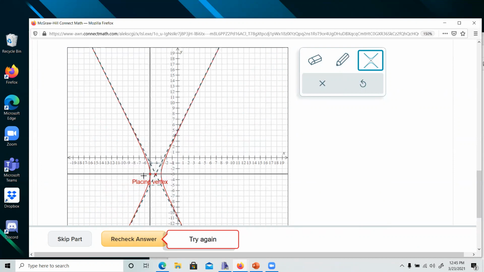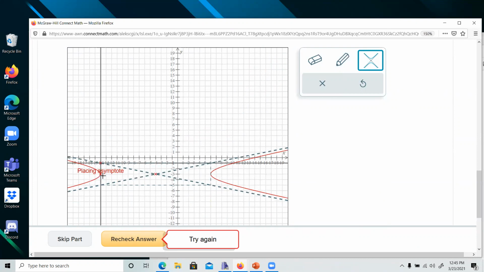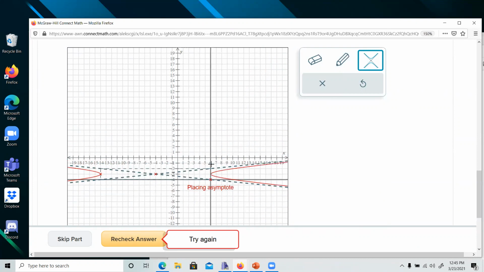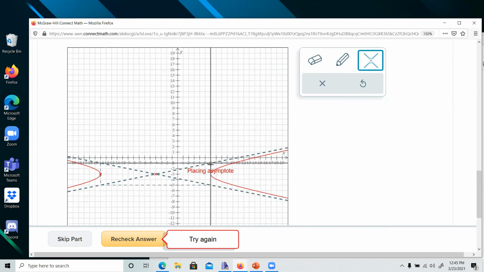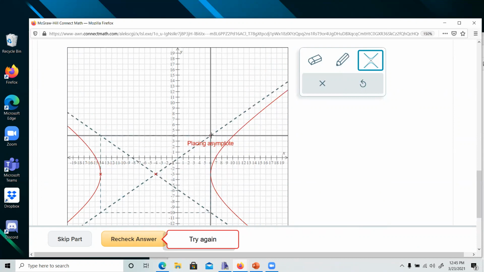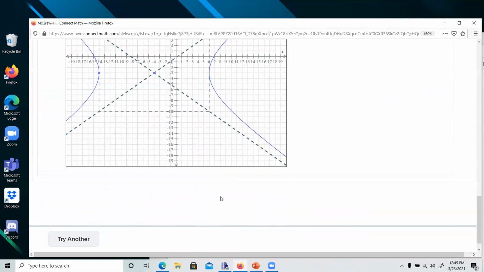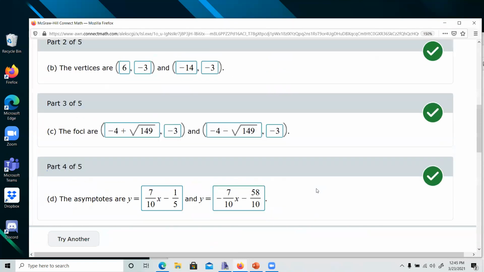Vertex was, what do we do? We did -14. And we have to do an asymptote. Okay, so here we go. We're going 1, 2, 3, 4, 5, 6, 7. All right. Hooray. We're good.